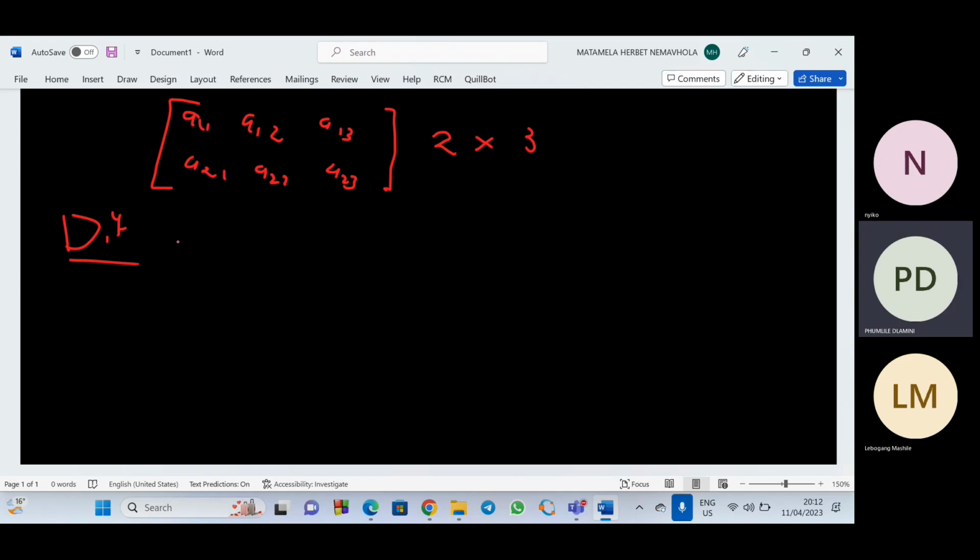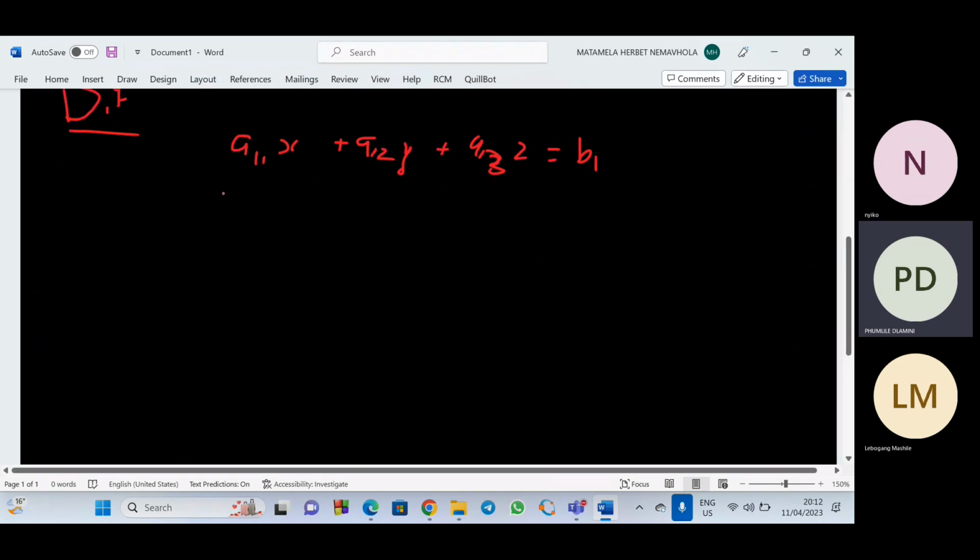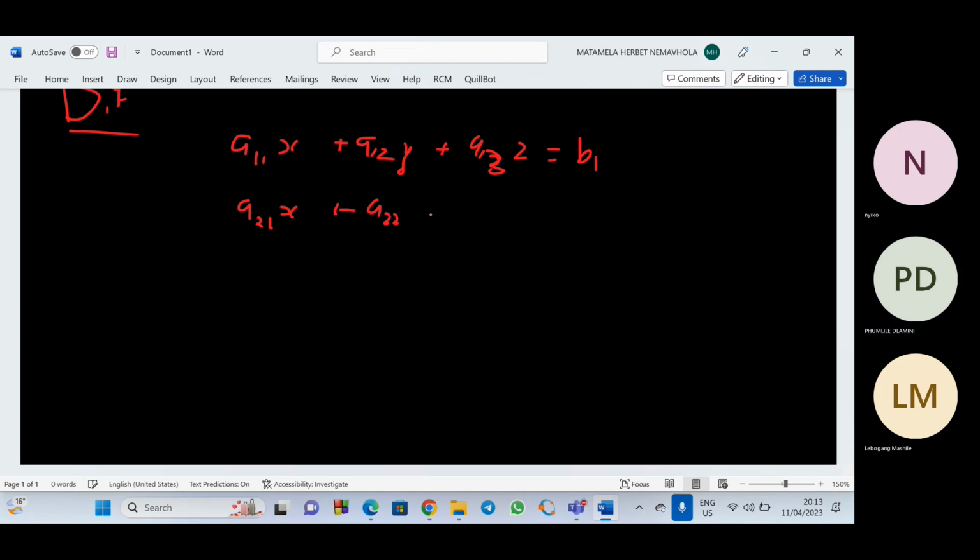So we are going to a matrix. It can be something like A11 X plus A12 Y plus A13 Z, which equals B1. Then another one, A21 X plus A22 Y plus A23 Z, which equals B2.